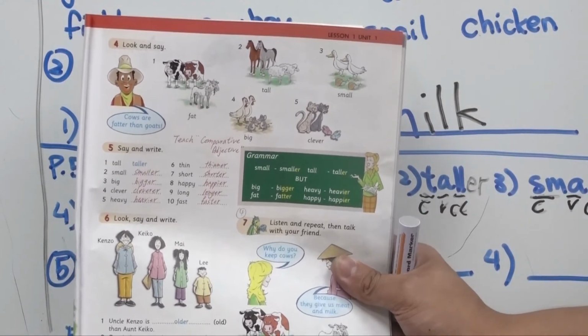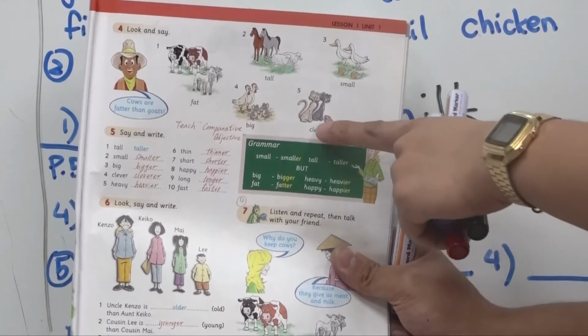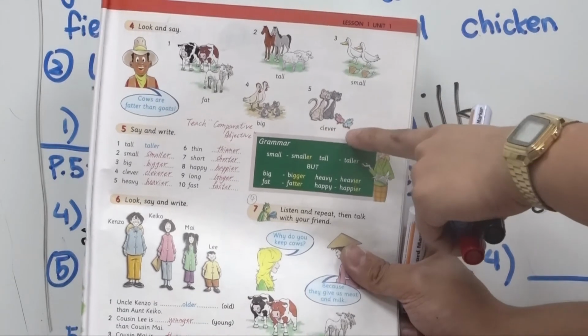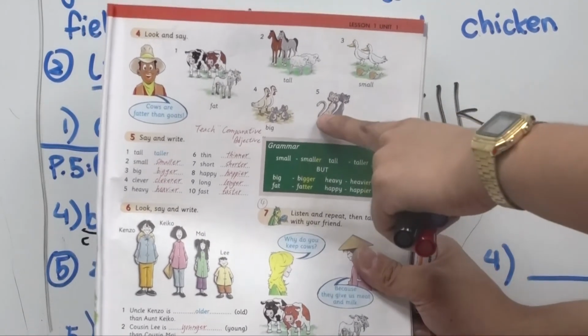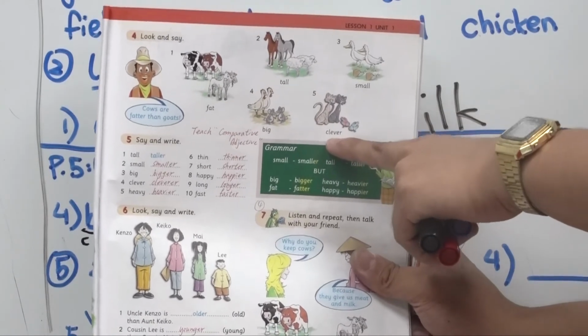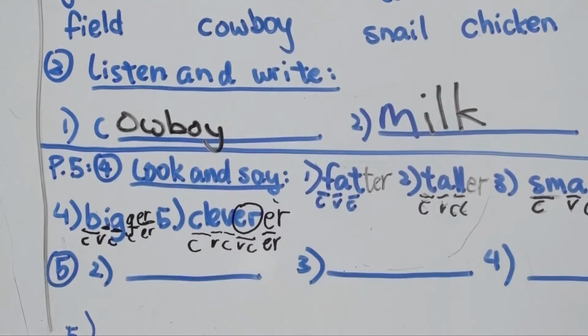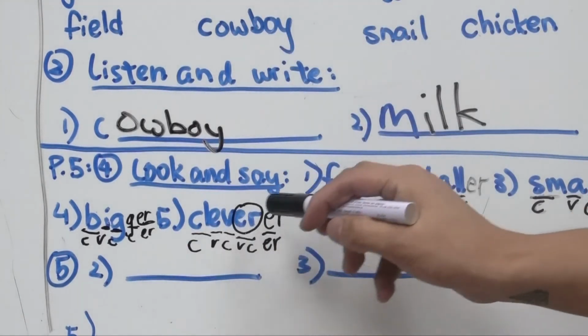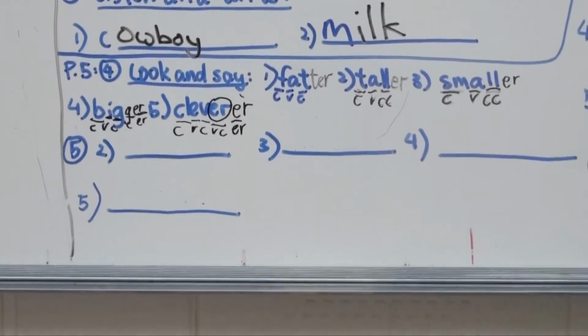The cats are cleverer than the birds. Very good. Okay? Cleverer than the birds. The cats are cleverer than the birds.